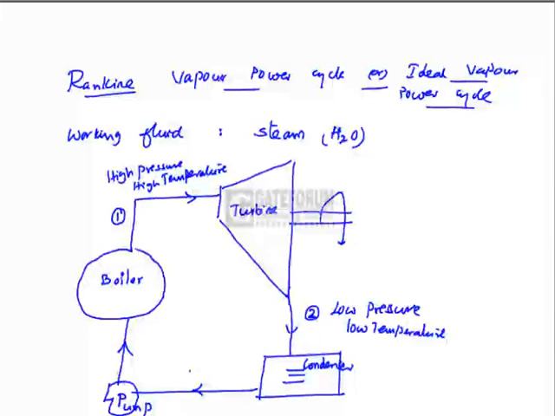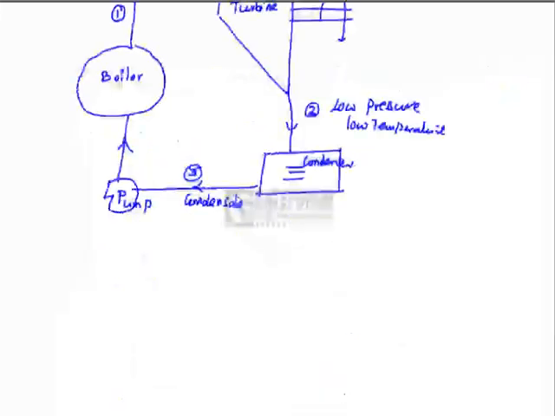The condensate liquid leaving the condenser is indicated by state 3, and the feed water entering the boiler is indicated by state 4.